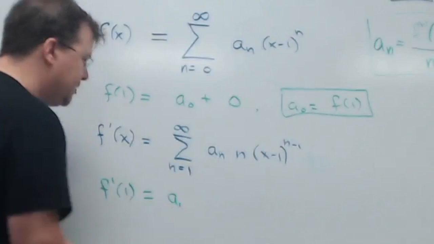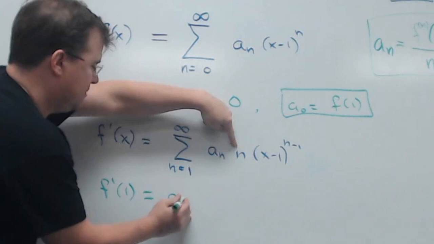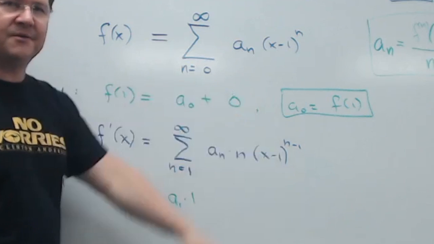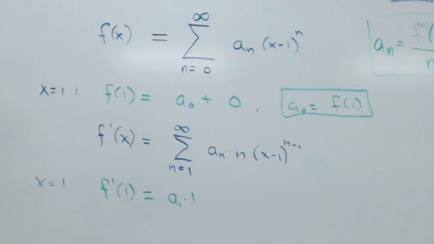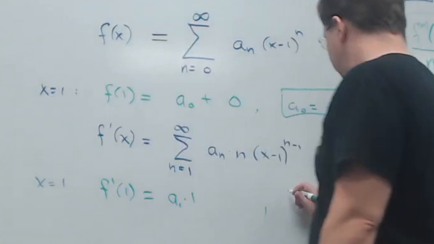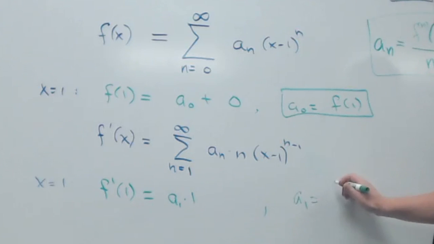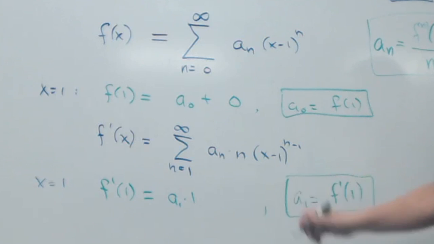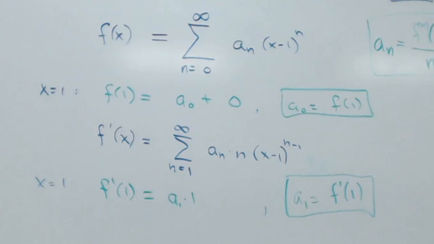And so that's going to become a sub 1 times 1 times x minus 1 to the 0 power. And in conclusion, I can see that a sub 1 equals f prime of 1.